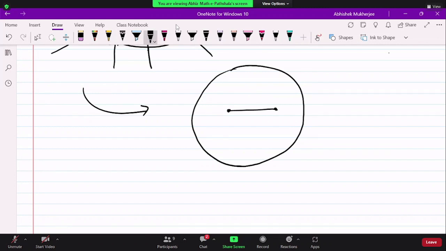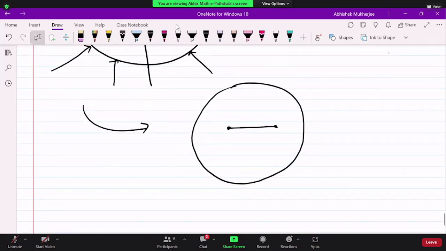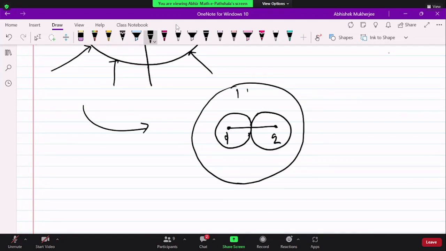Now we are taking 2 circles centered at, one is P, another one is Q. Let us call it P, let us call it Q. And you are taking 2 circles touching at a point. And now projecting each of the points here, either to this one or to this one.